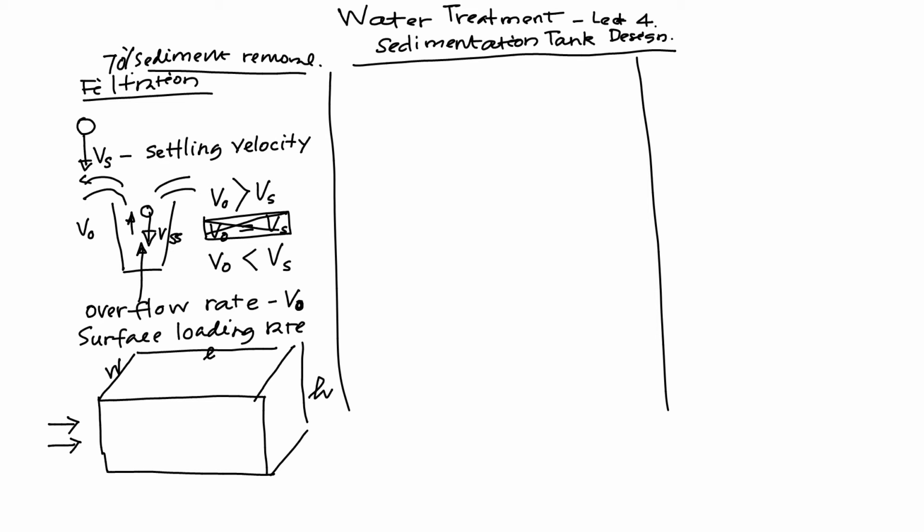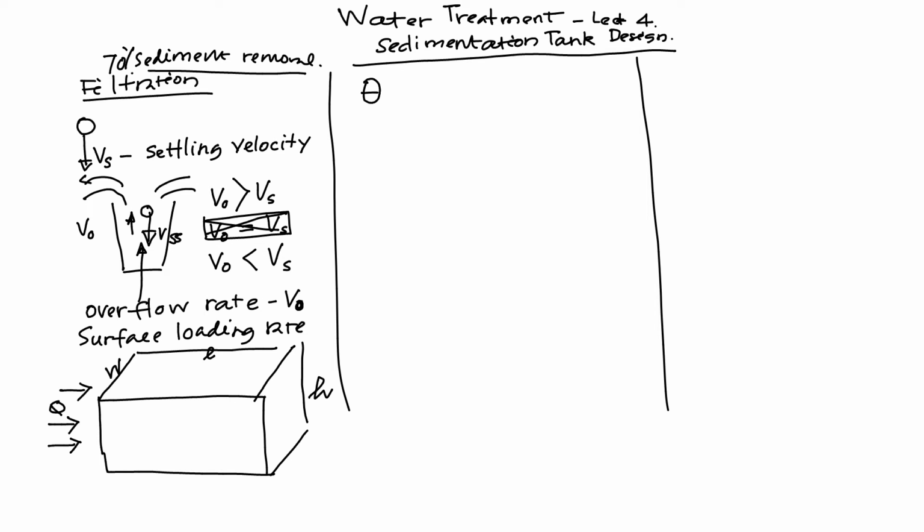This is how most of the sedimentation tanks are. Either they are rectangular in shape or usually circular in shape. I will explain the rectangular shape first, and then we'll develop the equation, and then we can apply it anywhere we want. Now, if the flow rate is Q, then we know the retention time, which we studied before.